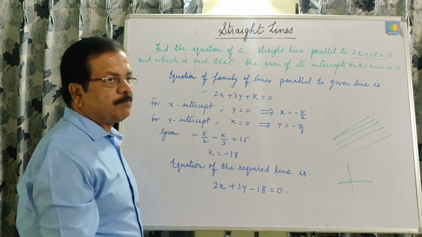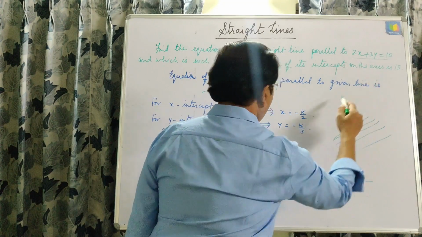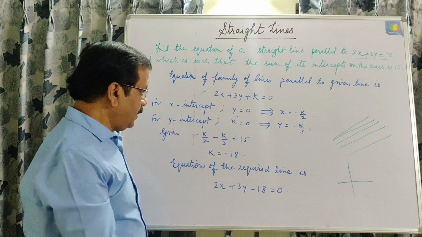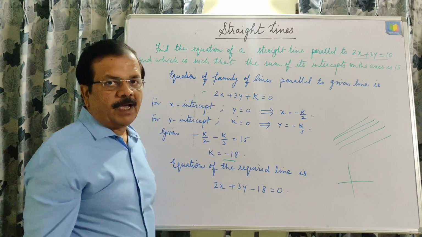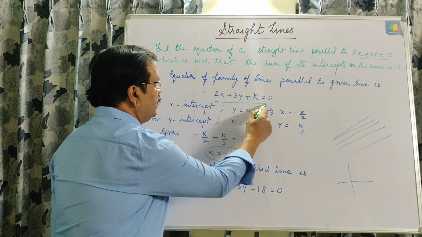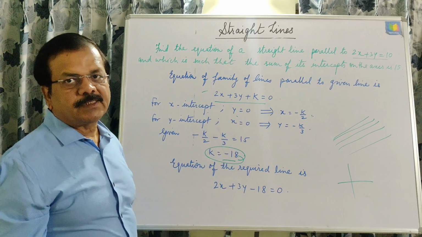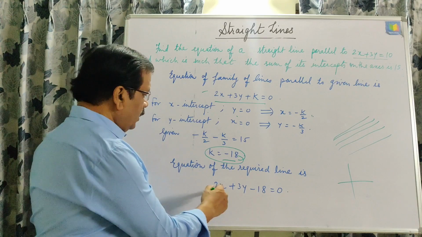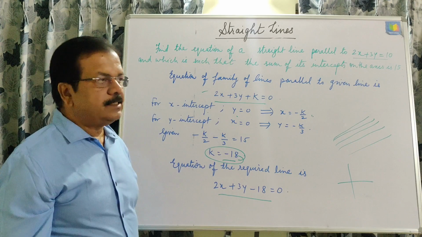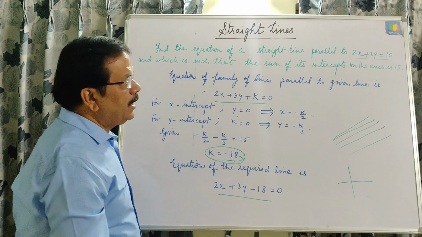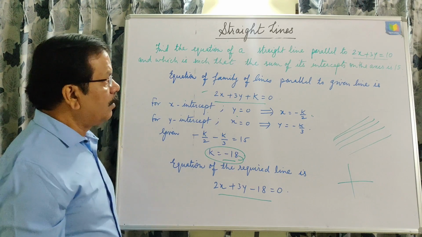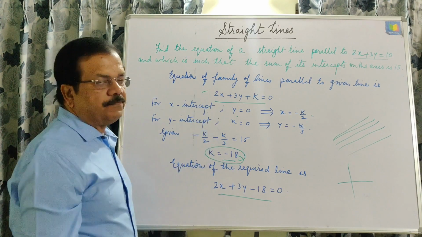We are given the sum of intercepts is 15, that is minus k by 2 minus k by 3 is equal to 15, so k is coming minus 18. Resubstituting this value of k in 2x plus 3y plus k is equal to 0, the required line is 2x plus 3y minus 18 is equal to 0, which is parallel to the given line, and the sum of its intercepts is 15.